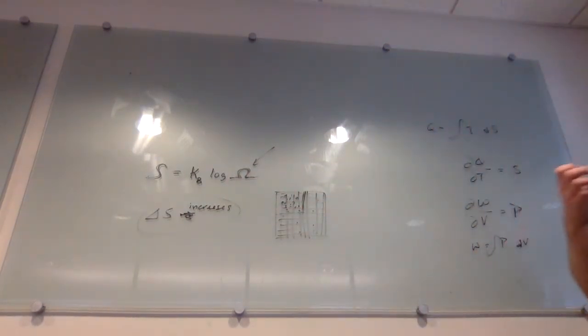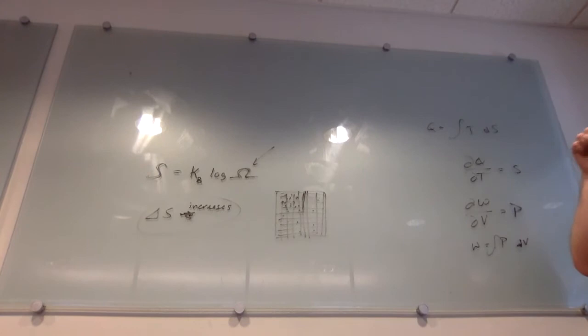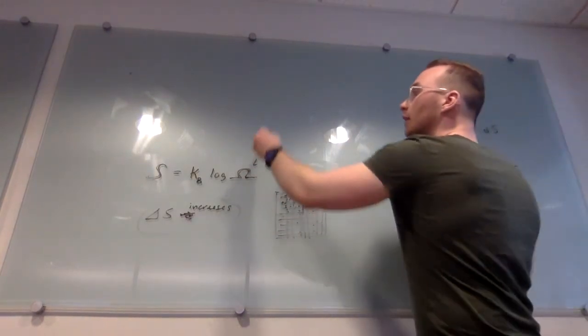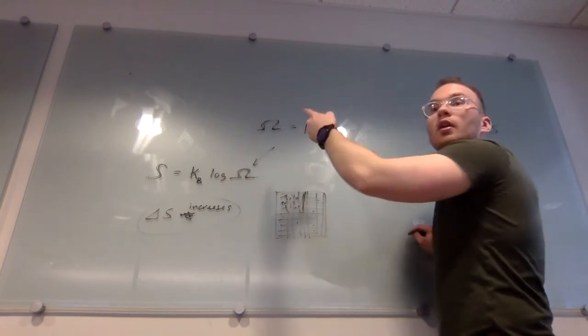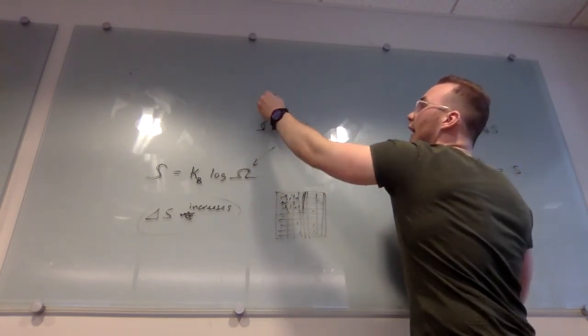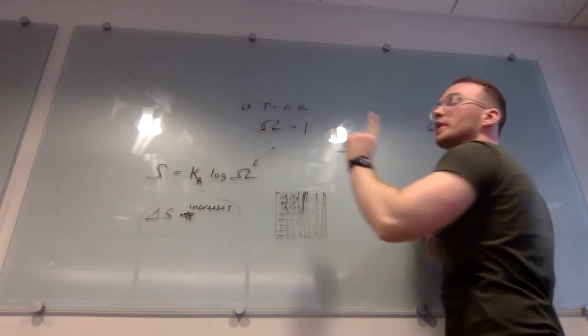Imagine every atom has all of its electrons in the lowest state, and it had 0 temperature, it didn't even have thermal energy. Everything was at 0 temperature, so there was exactly one microstate. So omega would equal 1. This is at T equals 0 Kelvin. There is one lowest energy microstate.